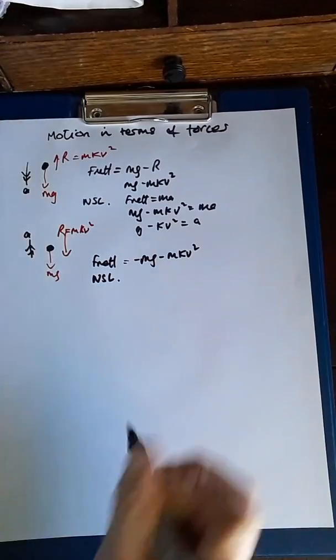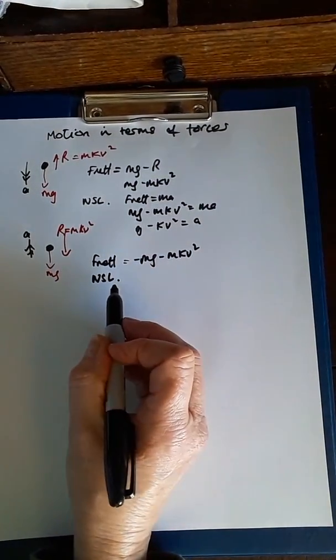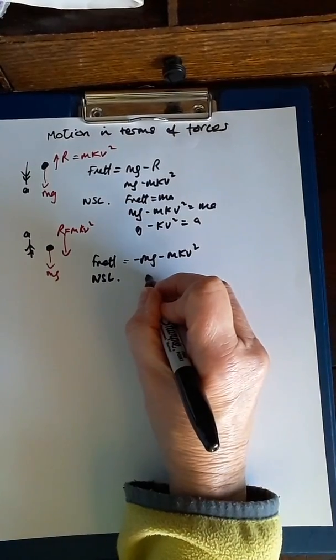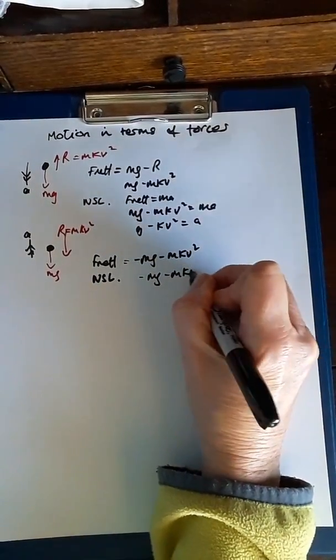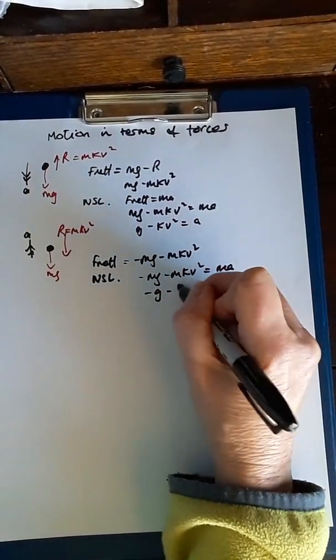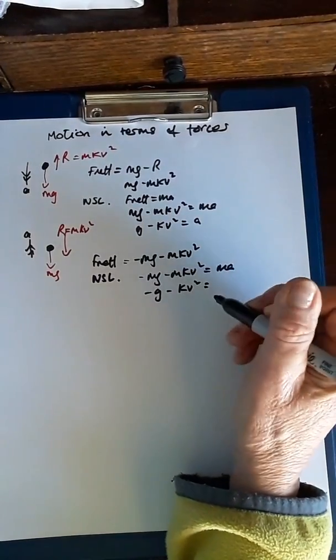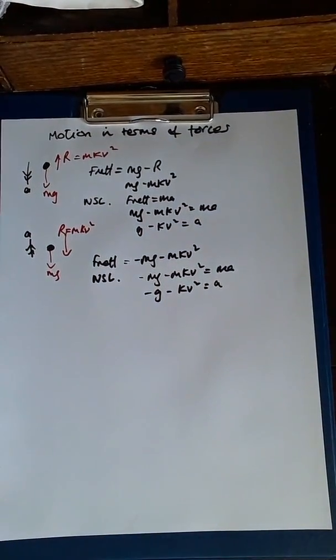And then if I want to link that force into a motion equation, I'm going to use Newton's second law. F nets are equal to ma, so minus mg minus mkv squared is equal to ma. So minus g minus kv squared is equal to a. Okay, so I just have to decide which way the particle is moving and then work from there.